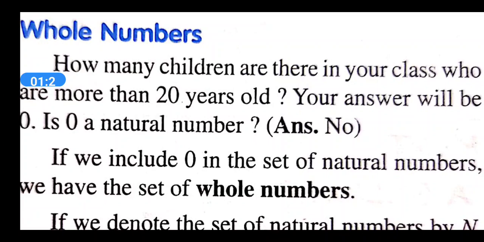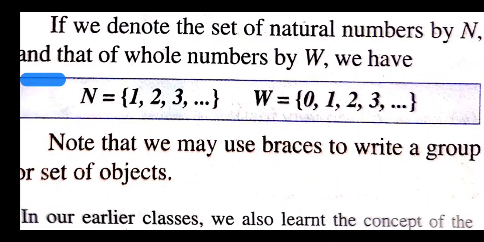No. So when we include 0 in the set of natural numbers, we have the set of whole numbers. And we denote the set of natural numbers by capital N and that of whole numbers by capital W.